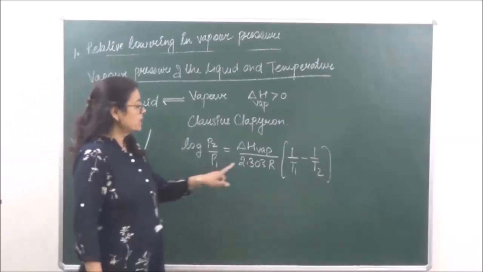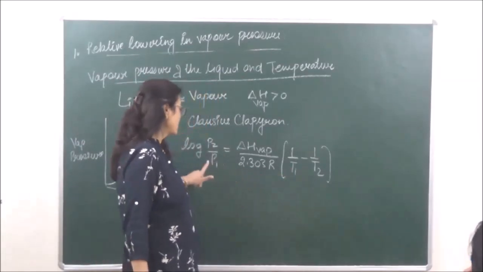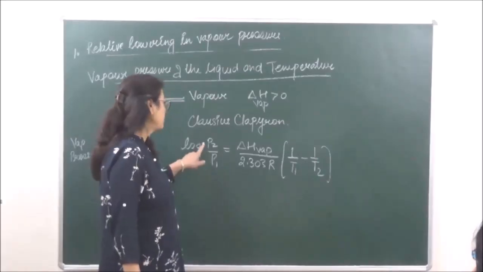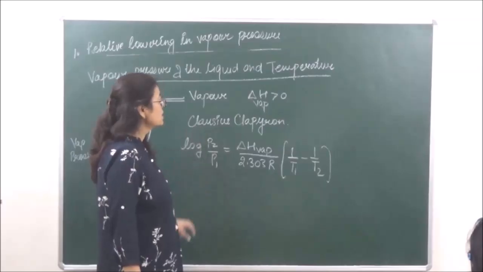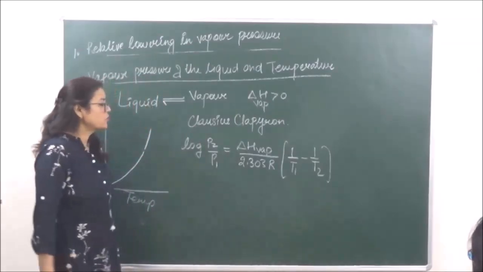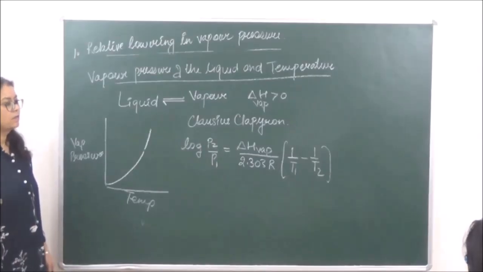Now if T1, T2 and P1 are given to us, we can calculate P2 by this equation. So this is an equation giving the relationship of pressure and temperature.